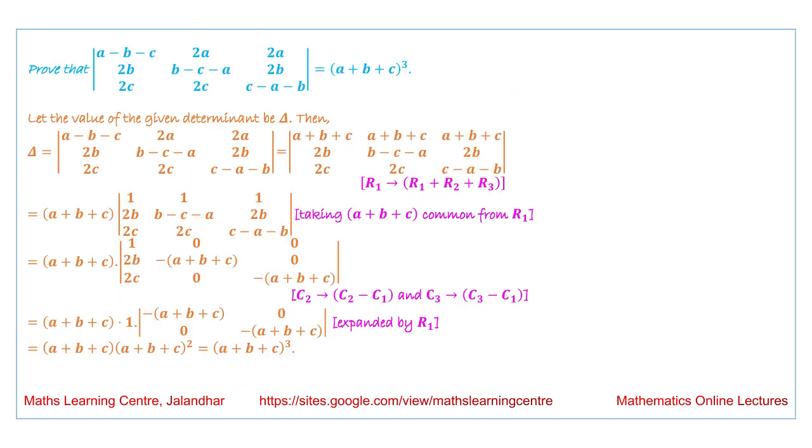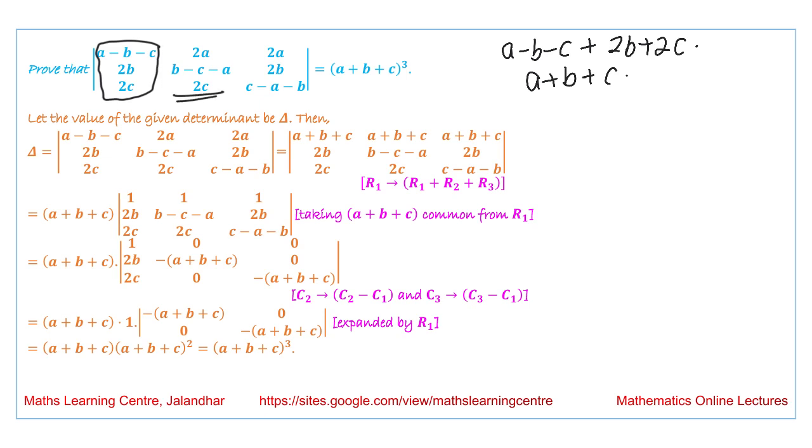Next is prove that the value of this determinant is equal to a plus b plus c whole cube. Again, if we look at the elements over here, we can see that if we add the elements of this first column, we will have a minus b minus c plus 2b plus 2c. So on adding this, we will get a plus b plus c.